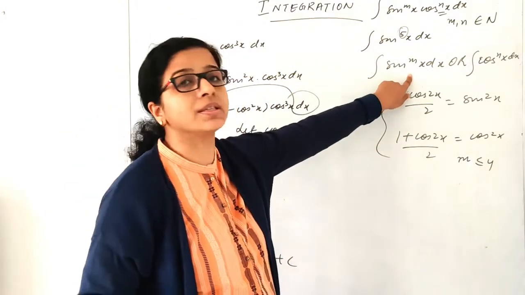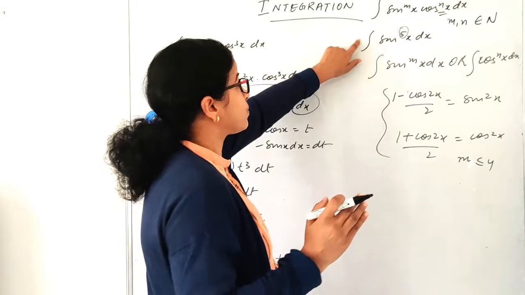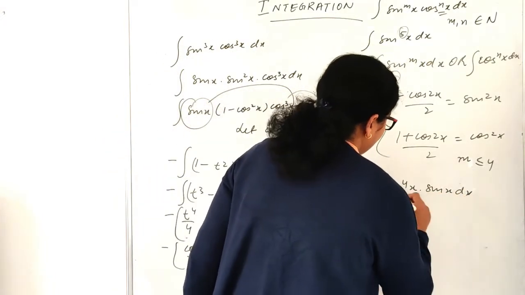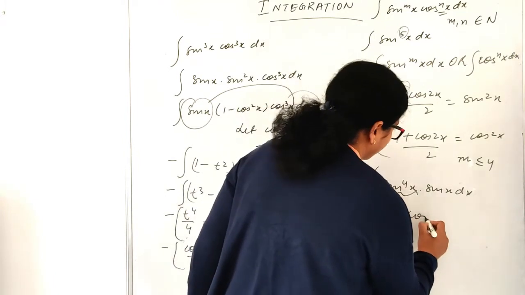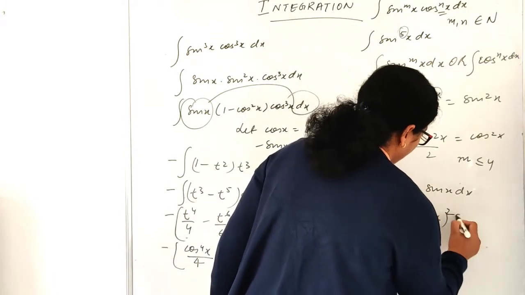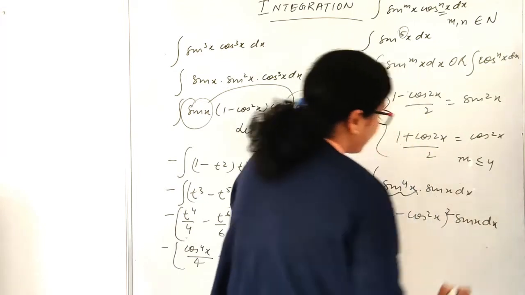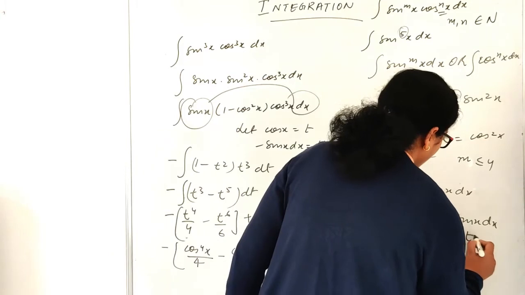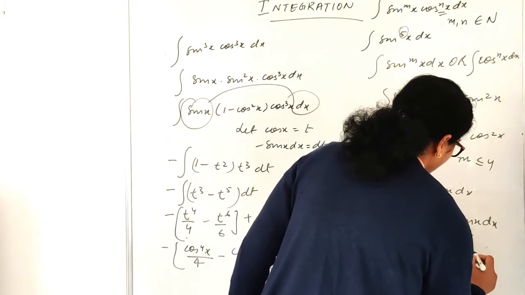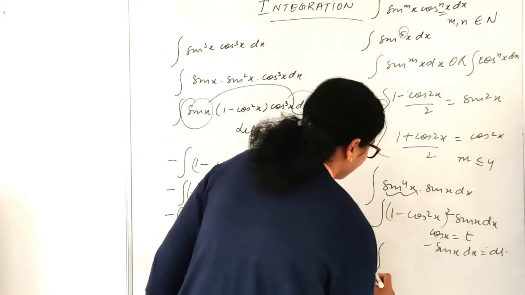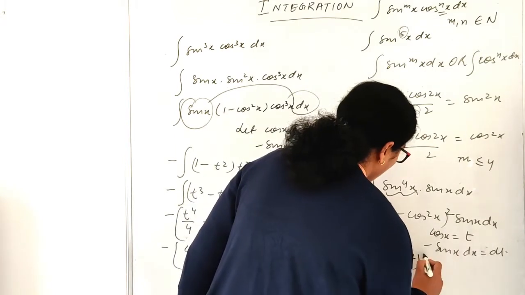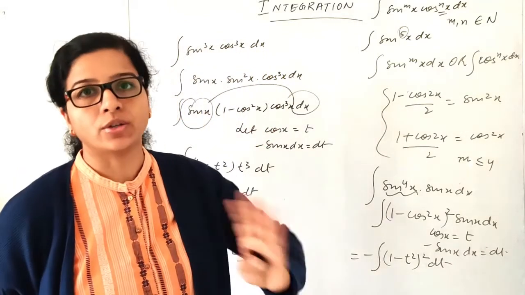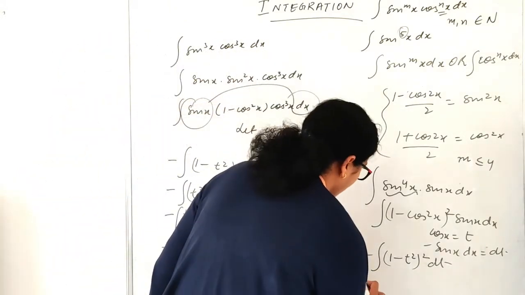But if my m is greater than 4, then we can split this integrand into sin x dx times the remaining power, and then use the traditional substitution method: cos x is equal to t, minus sin x dx is equal to dt, and we can write 1 minus t square whole square times minus dt. Open the bracket and solve it, and we'll get the required answer.